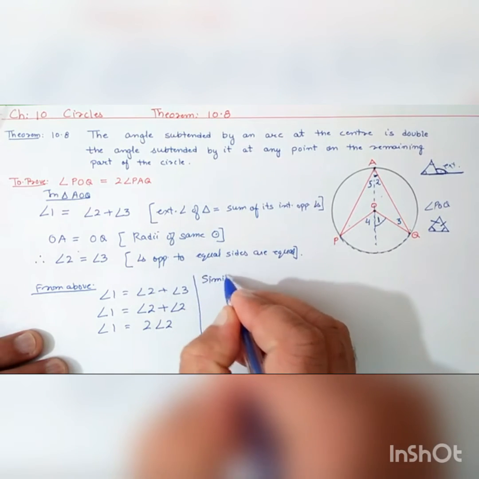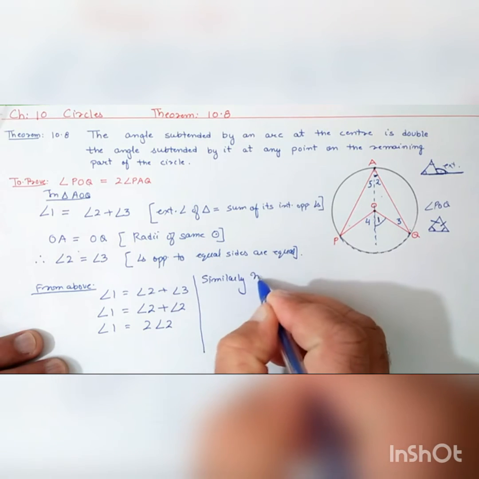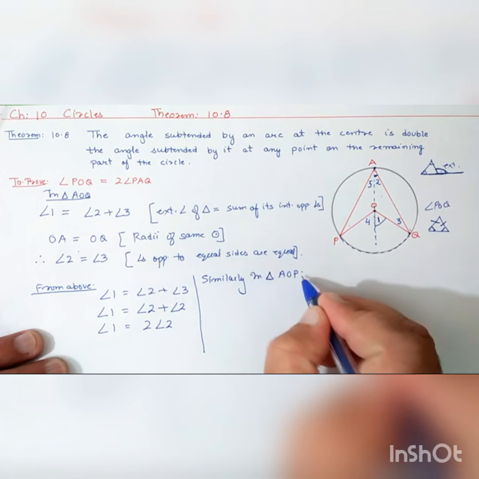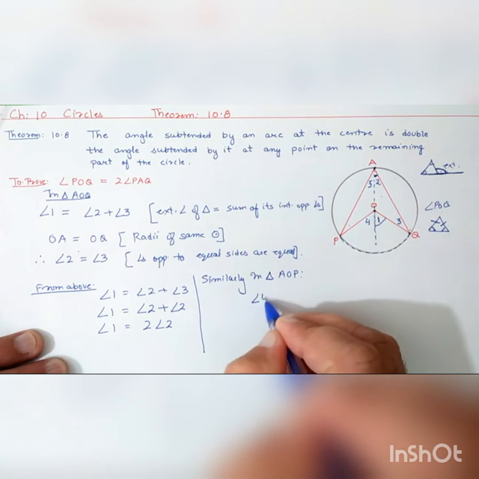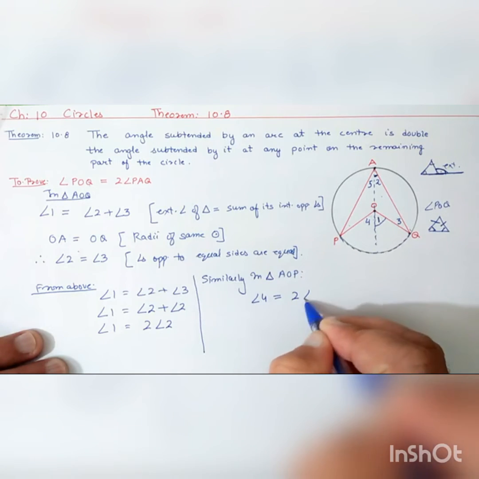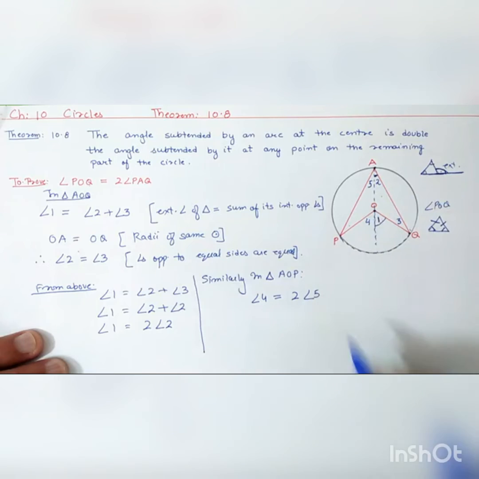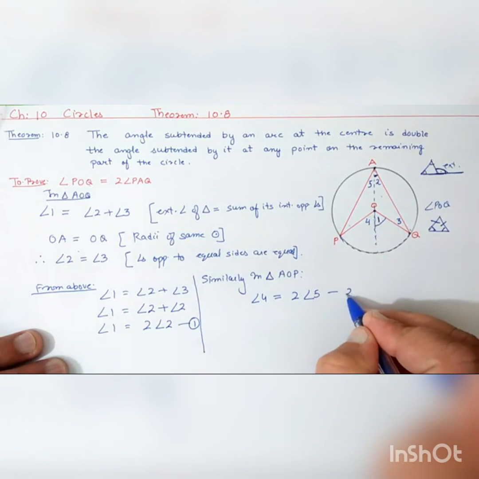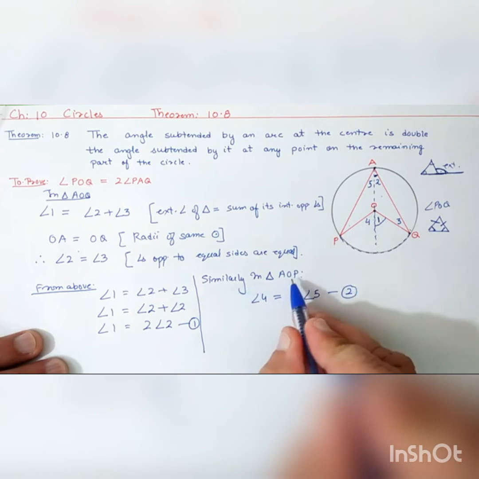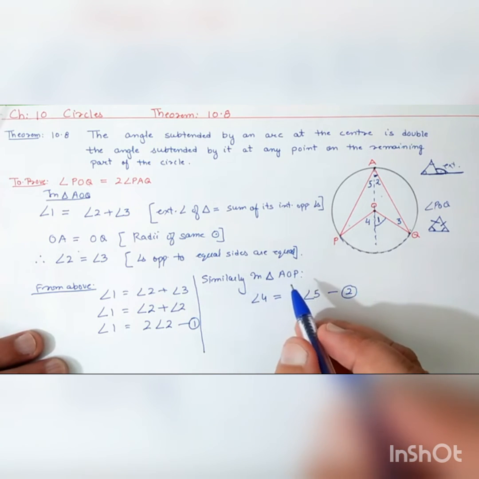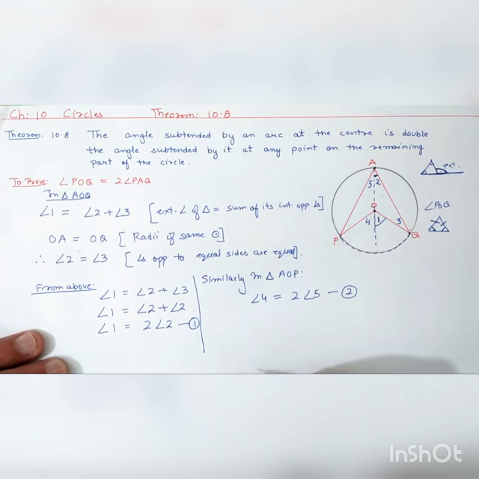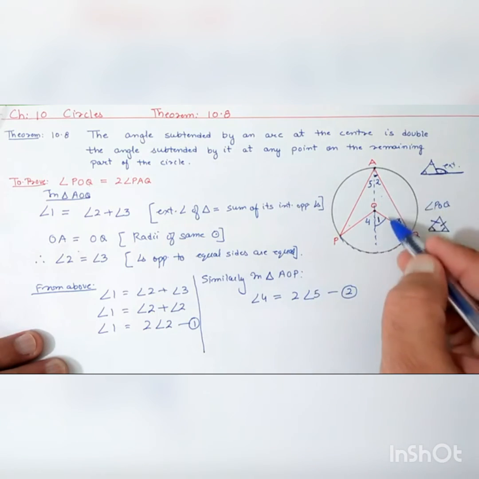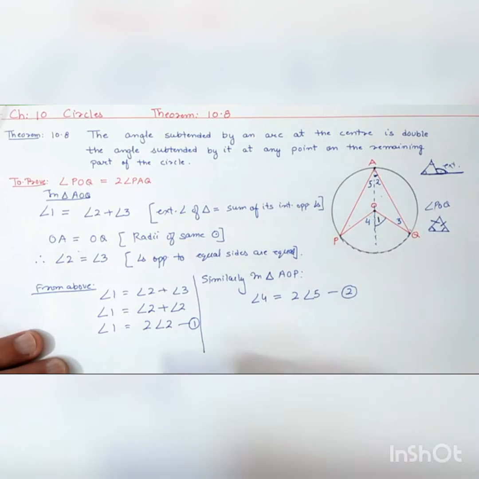Now we had taken triangle AOQ. Now we will consider the other triangle, that is triangle AOP. So I am just putting it on the other side and writing similarly in triangle AOP.